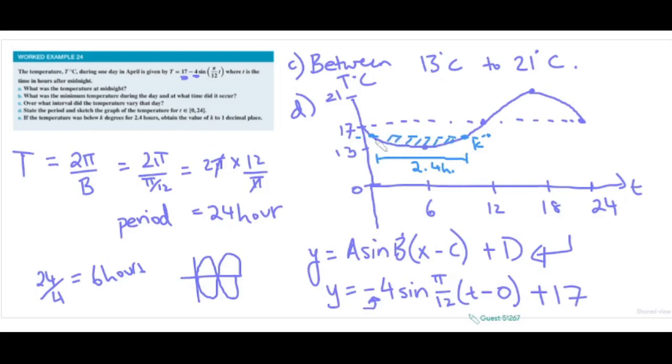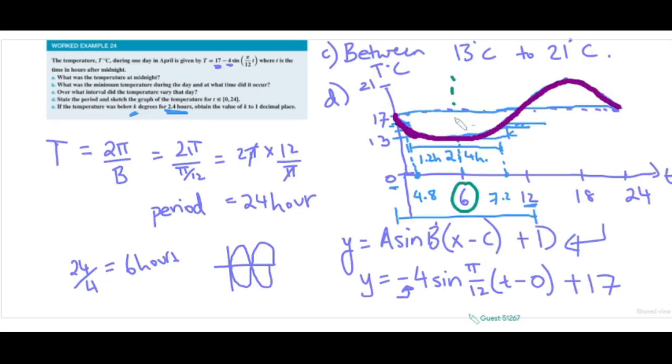So we need to find the value of K, because if this is our center, this is our middle. So this point here is 1.2 hours less than 6. So this point would be 6 minus 1.2, which is 4.8. And this point on the graph here would be 7.2.